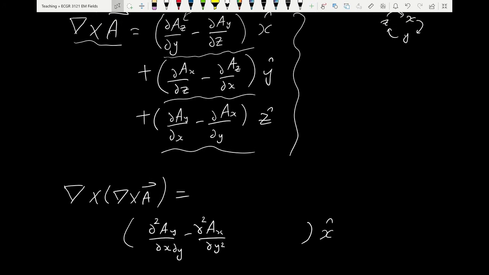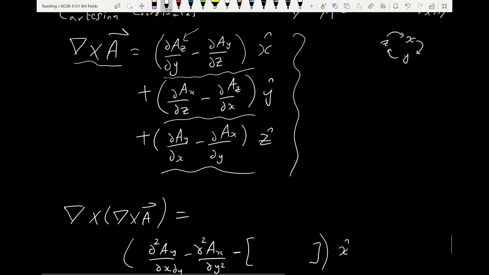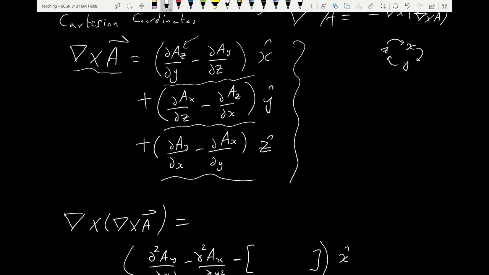Okay, then I need to take minus the second term here, which is delta ay over delta z. Well, what's ay? Ay is delta ax over delta z minus delta az over delta x.